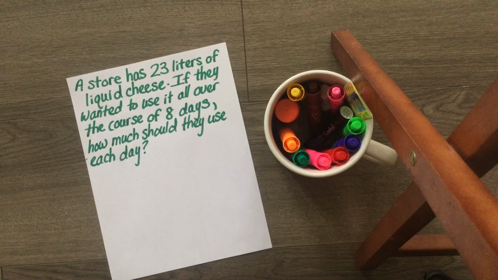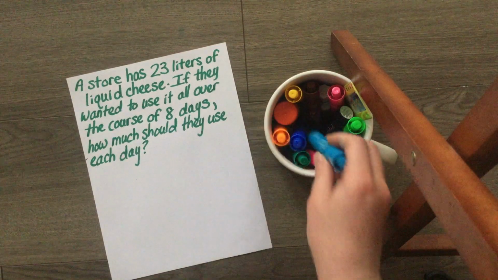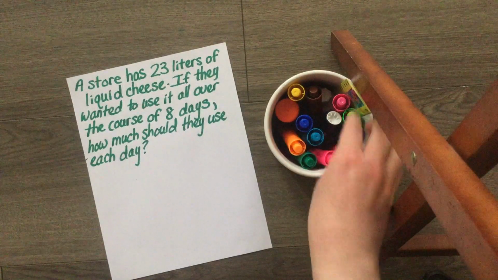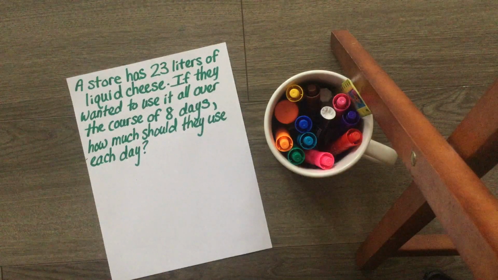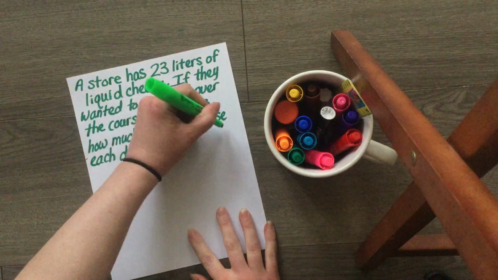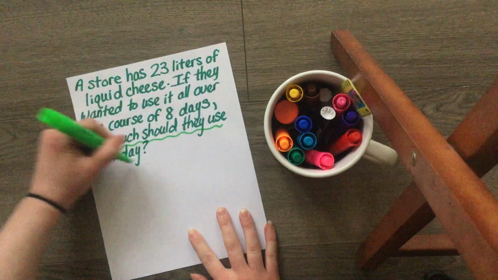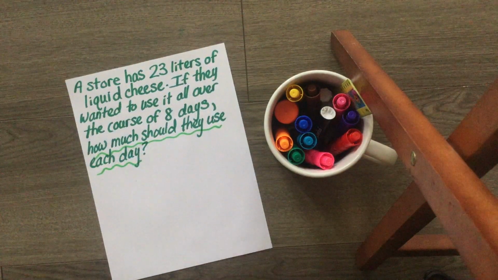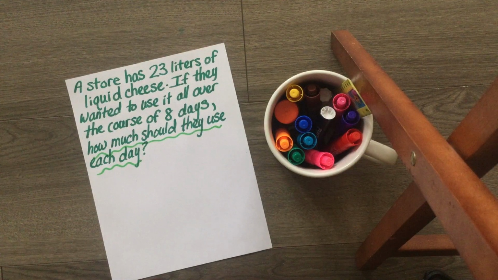If they wanted to use it all over the course of 8 days, how much should they use each day? So I'm going to go through the steps of problem solving pretty quickly. First step, what's the question asking? They're asking, how much should they use each day? Second step, what information are we going to use?